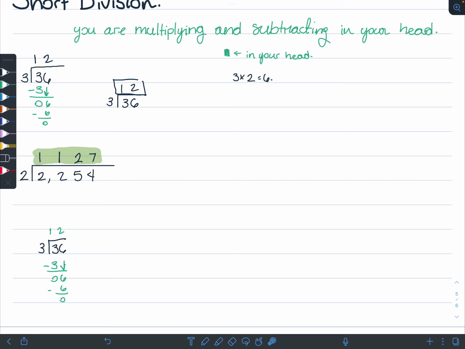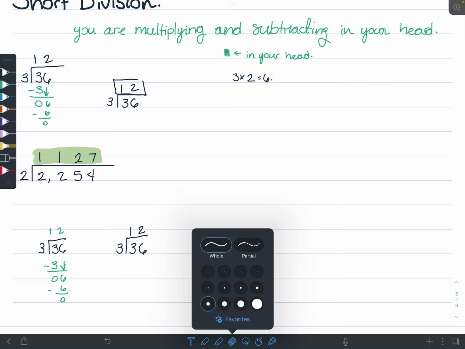You could do this first, and then on a different paper, or fold the paper so that this is all covered up and you can't see it, and you reattempt that question by doing the short division method, just mentally saying 3 times 1 gives me 3. That 3 minus 3 is 0. 3 times 1 gives me 6. Well, 3 times 2 gives me 6. There we go. That is what I'm trying to encourage you to do.